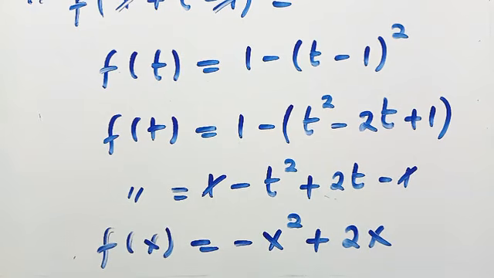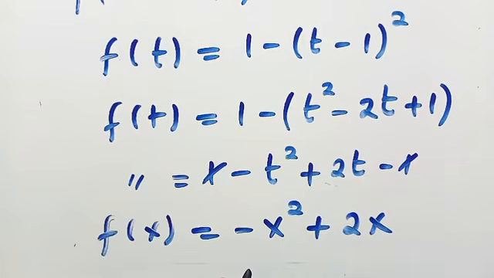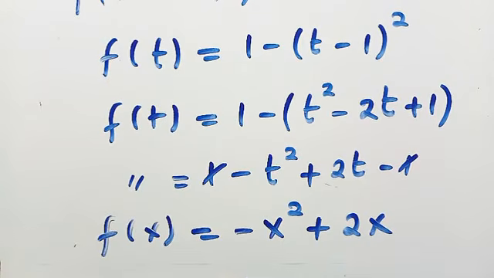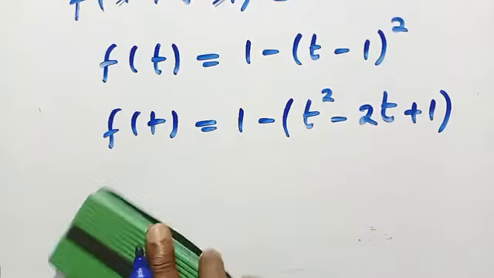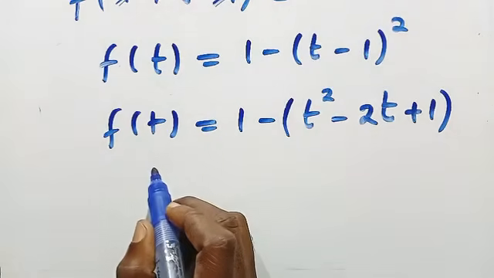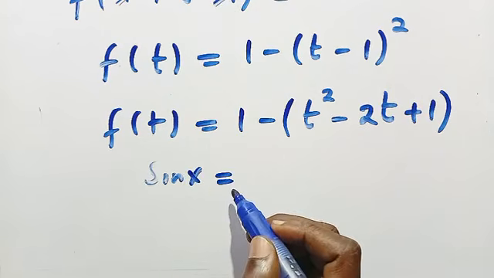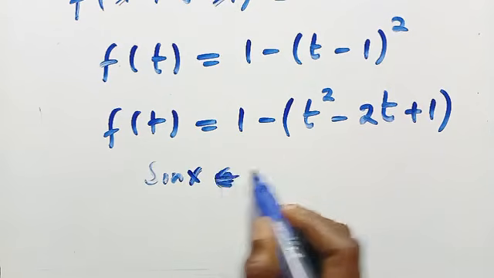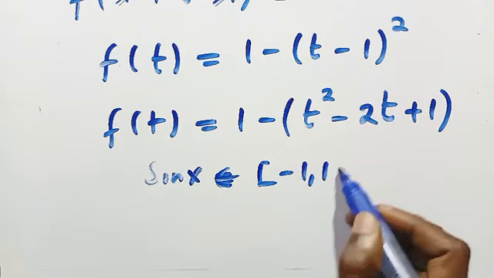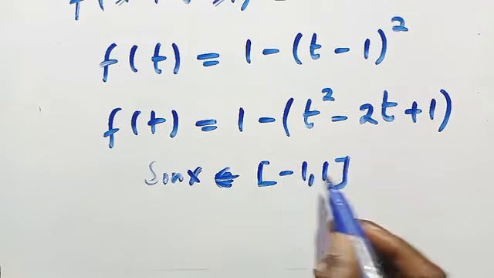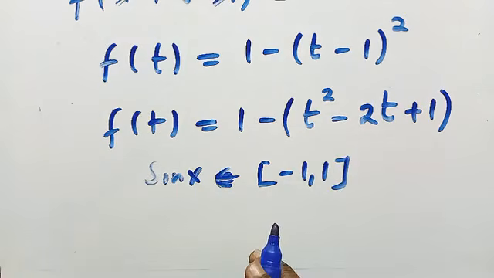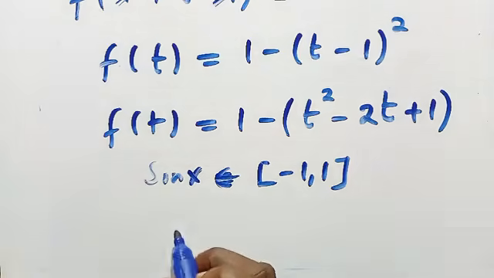But how can we define this domain? It's very simple, because we are given sine x, which is a trigonometric function, and we know that sine x has a range that is a member of minus 1 comma 1, so the value lies between minus 1 and 1. Then how can we now define x?